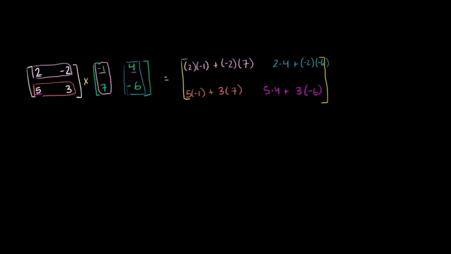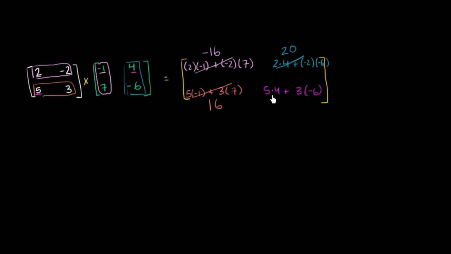Now, what does all of this simplify to? This is going to be equal to, let's see, -2 plus -14, that's going to be -16. Then we have 8 plus 12, so that's going to be 20. And then we have -5 plus 21, which is going to be positive 16. Did I do that right? Yep, positive 16.